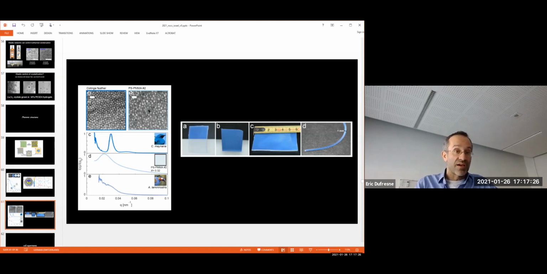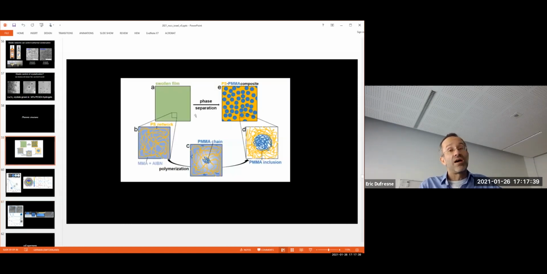We don't know if that's because the polymer network is inherently more heterogeneous at that scale, or we just don't have enough control over how we're quenching the process. We're quenching it in a very different way than in the rest of the experiments. In the rest of the experiments, I started with a homogeneous system and quenched it by cooling it. The way Alba does it is, Alba does everything isothermally.